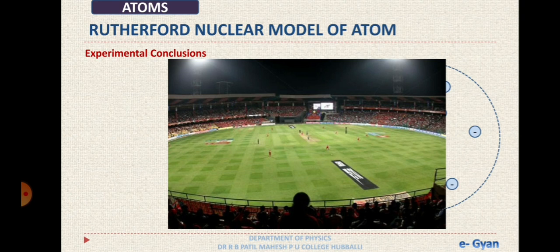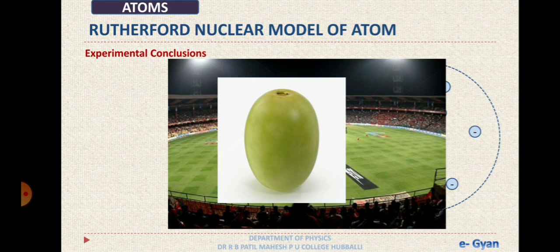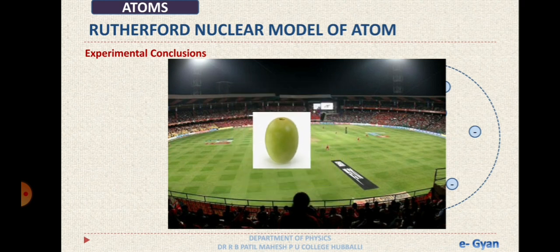If the stadium is an atom, then the size of the nucleus is equal to the size of a grape, which can be kept at the center of the stadium. Thus, an atom is almost empty.